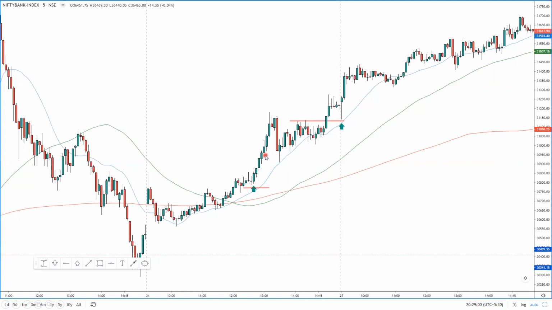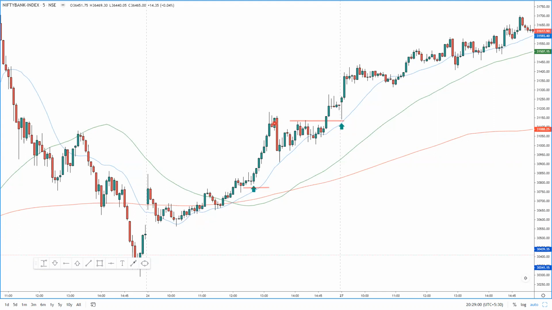That way you can simply trail your stop, and eventually you will be stopped out at this bar, right? So this is one way of reading how the price action is forming and what message it is giving. And this is one way of trading professionally.